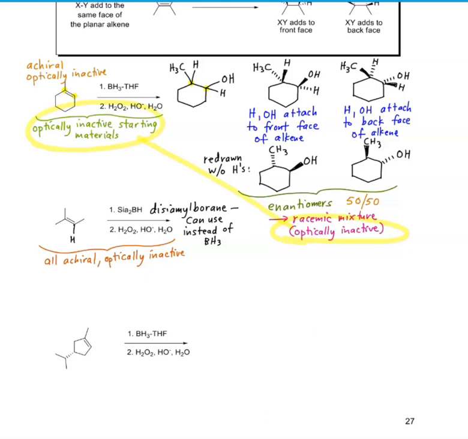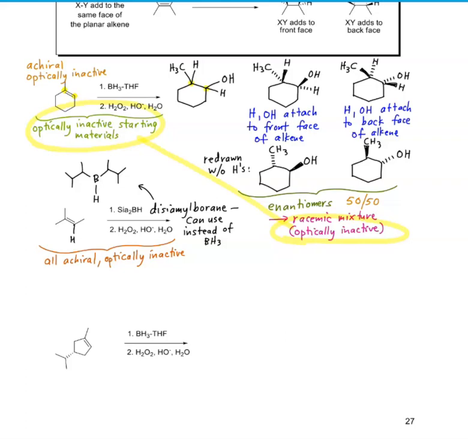So once again, just like the previous example, our starting materials are optically inactive. Okay, now let me draw the structure of disiamylborane for you so that you have that. So that's that guy. Okay.